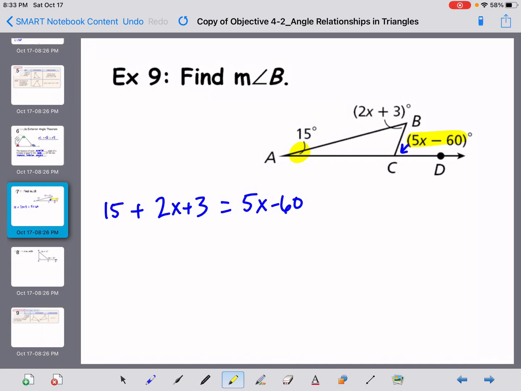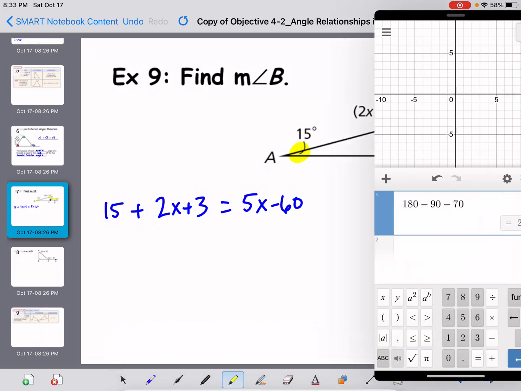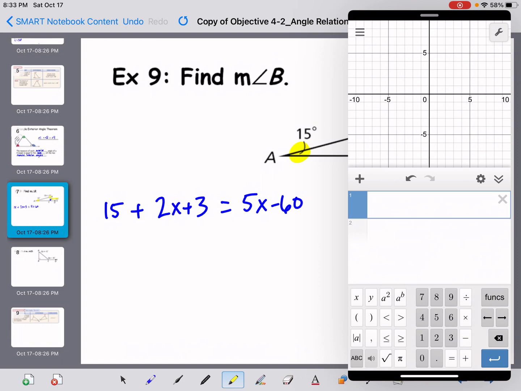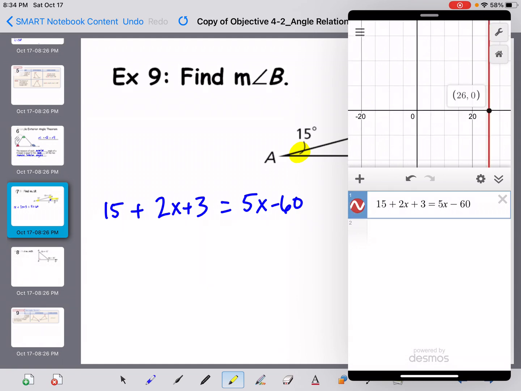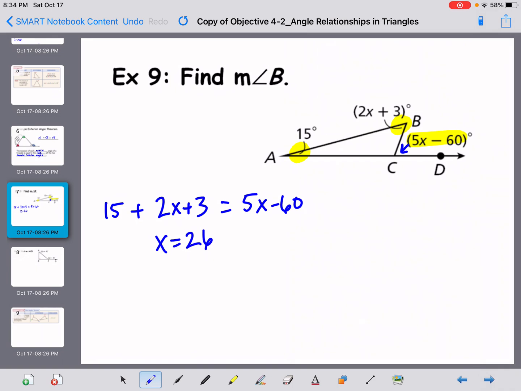So here's 2 on the inside, and if you go across on the outside, it's equal to that. So let's type in 15 plus 2x plus 3 equals 5x minus 60. X equals 26. All right, X equals 26.